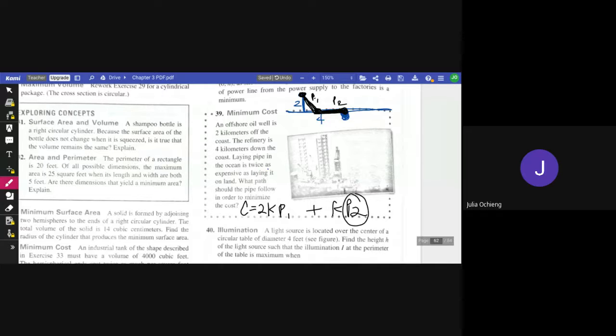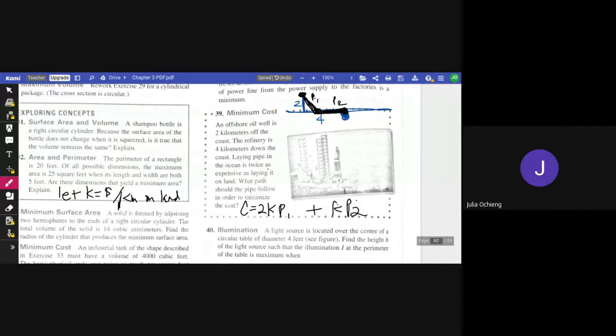So the cost of the land one is K dollars, let's say. Let K be the cost. It doesn't really matter what K is. You can even leave K out, but I'm going to put it here just to be accurate. So let K equal the cost per kilometer on land of the pipeline. So if I have P kilometers of pipeline on land, then that times K is going to be the total cost on land.